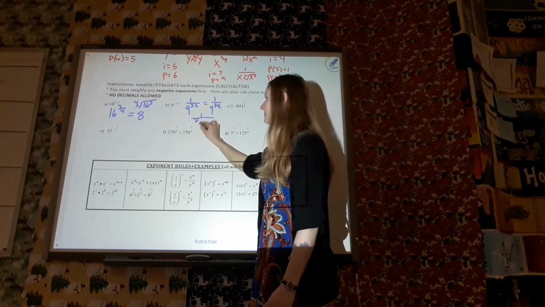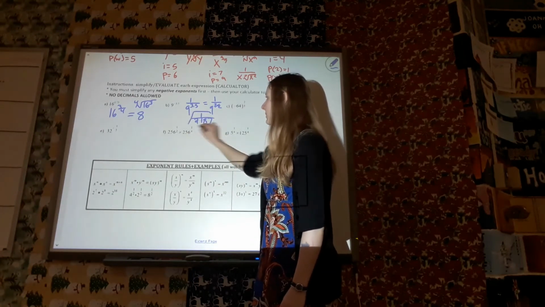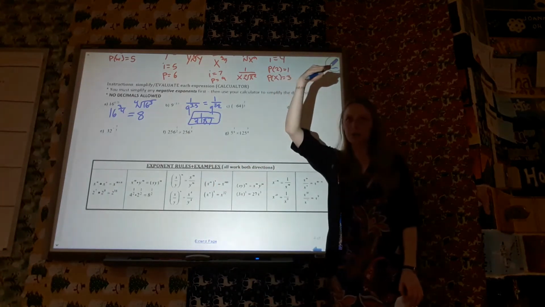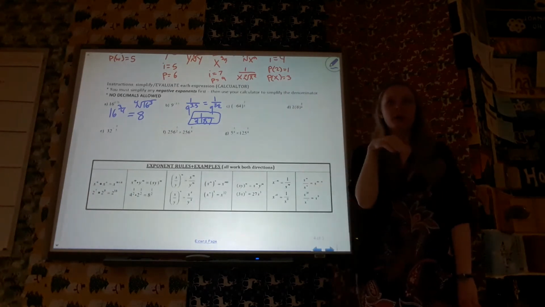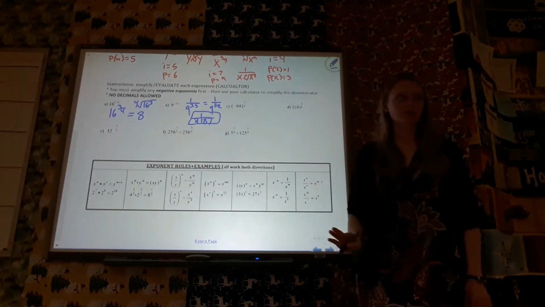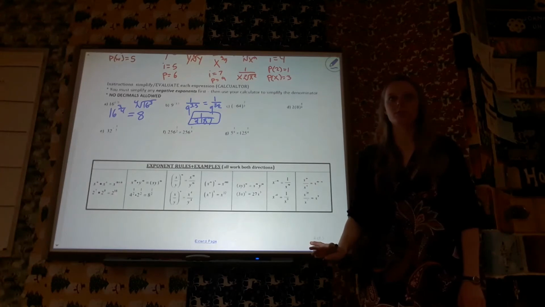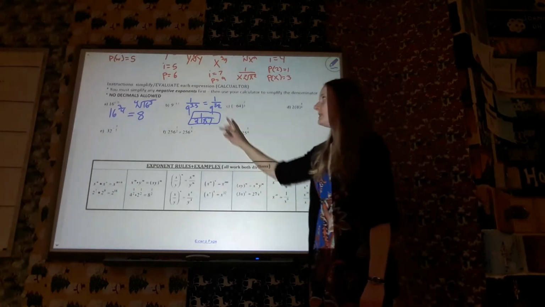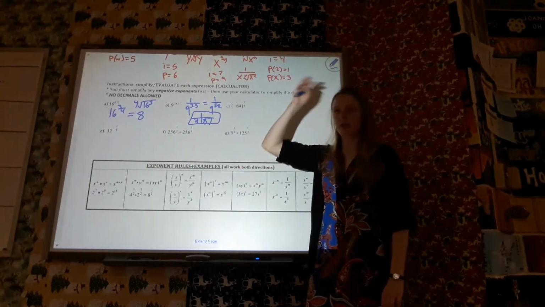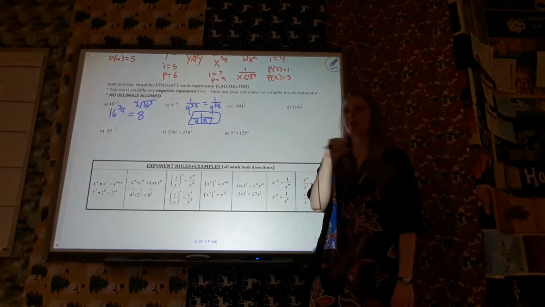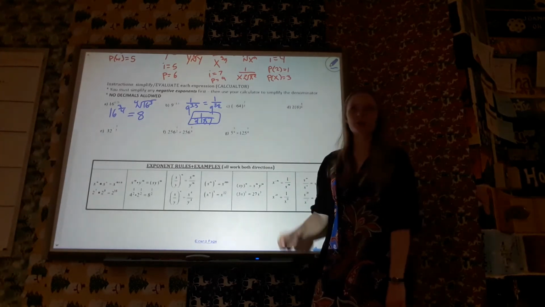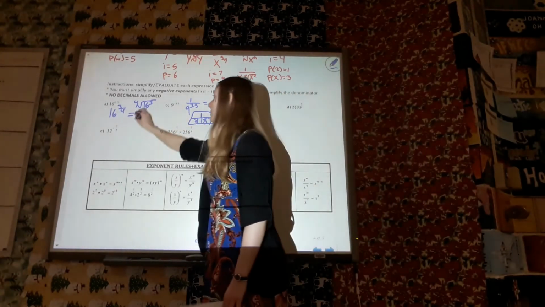That's what I want your answer to look like. Leave the 1 in the top, figure out what the number in the bottom is, and leave it as a fraction. No decimals. Okay? So whenever you have this negative situation, you have the 1 in the top that stays, just work with the denominator to figure out what that number is. And that would be your answer.